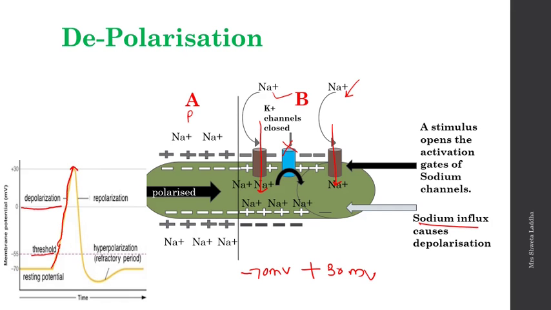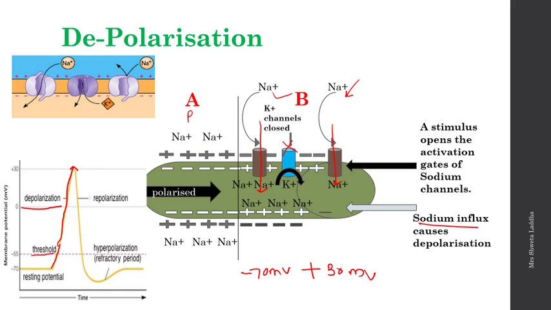So depolarization occurs. You can see in this case only the sodium gates are open. This is the sodium gate, it is open, and the potassium gate is closed. When the sodium gates are opening, they are pumping the sodium ions inside. Potassium gates are closed, so they are keeping the potassium ions inside.